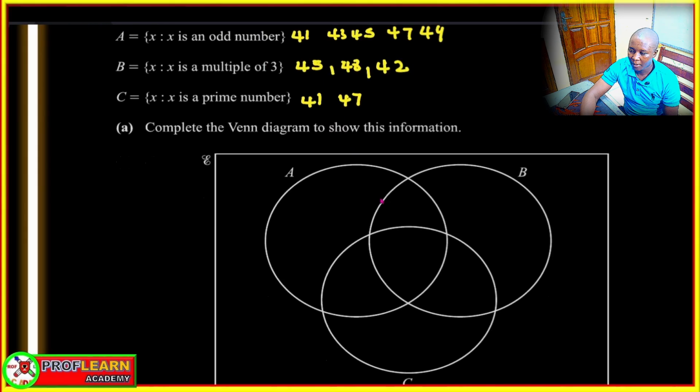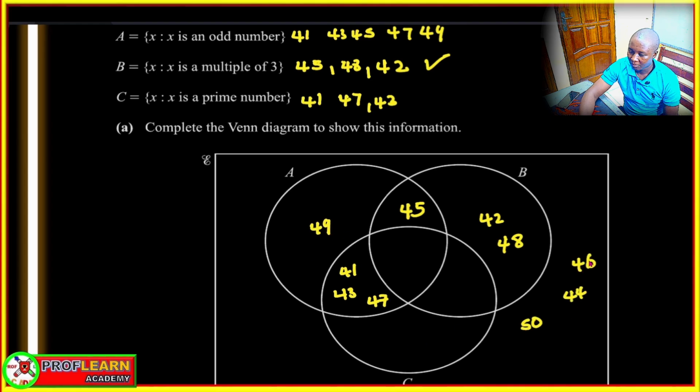I've not written 43 there, but I'm going to write it after I've completed the Venn diagram. Then we shall complete our Venn diagram. These are the complements outside, they are not anywhere in these three sets.